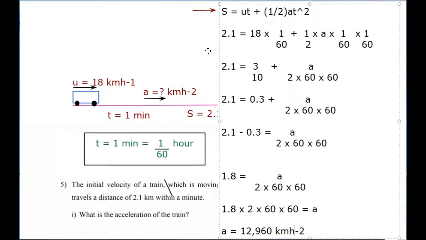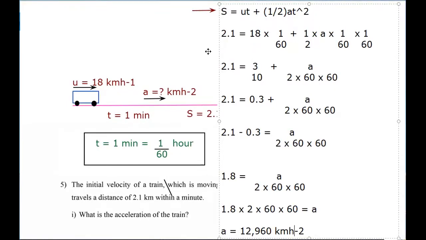Right, now we have the acceleration. What's the next thing that they have asked here? Final velocity. What is the best equation that can be used to find the final velocity?